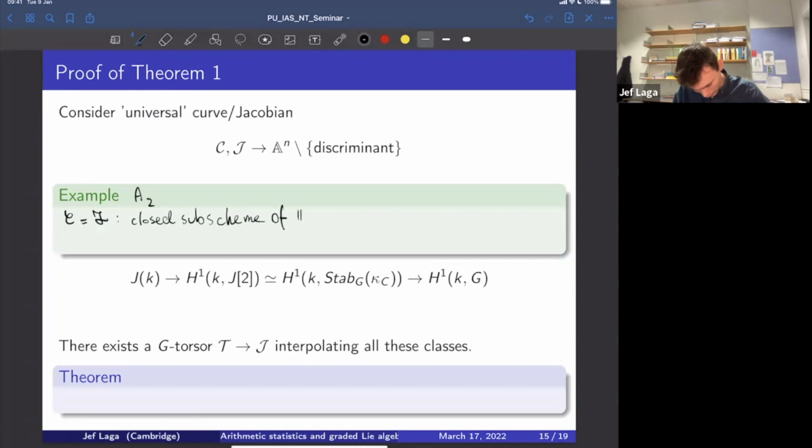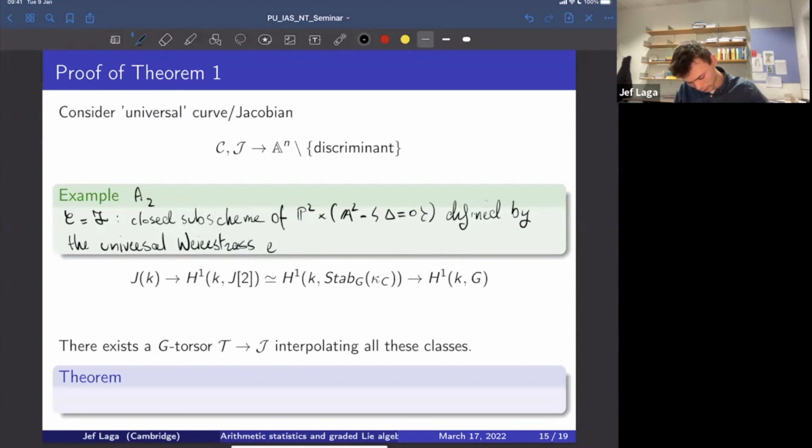of P2 times the parameter space A2 minus the discriminant locus, defined by the universal Weierstrass equation. So it's a universal elliptic curve with a short Weierstrass equation: y squared equals x cubed plus ax plus b.